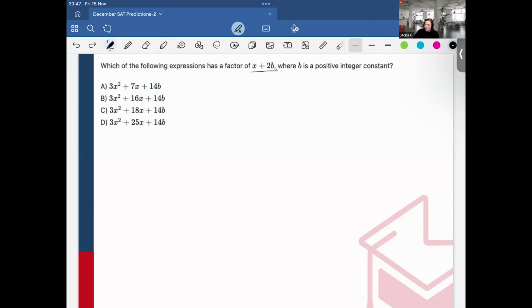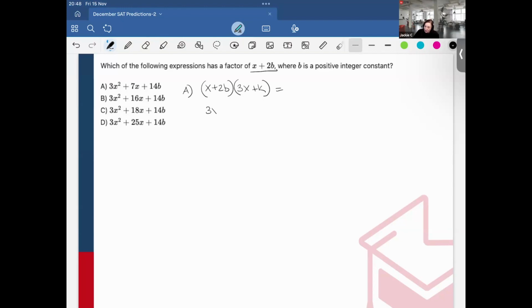For example, if I have x plus 2b, then this other factor must be 3x plus k, because x times 3x will give me the 3x squared, for some constant k that I don't know. And that's going to be equal to, let's just do this for option A for now and see what happens.